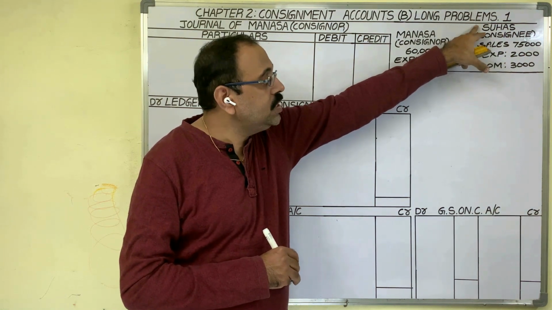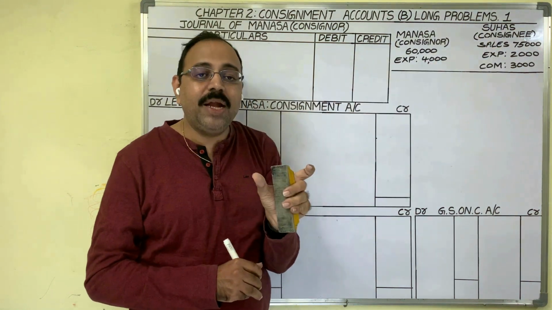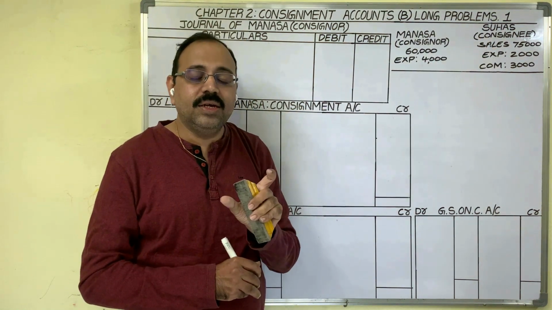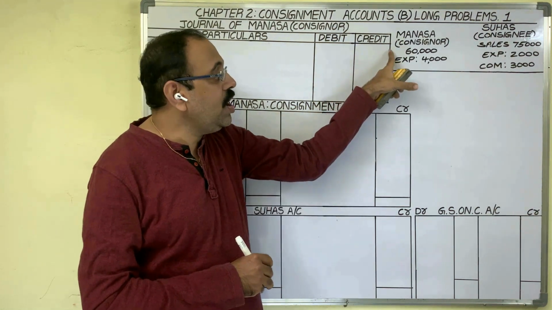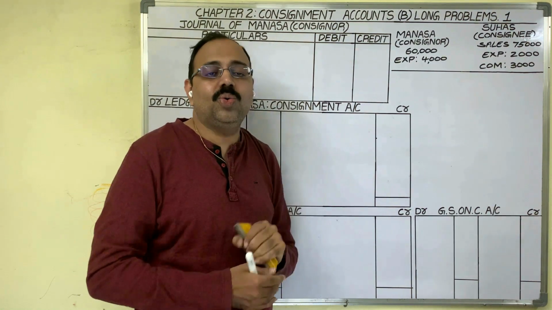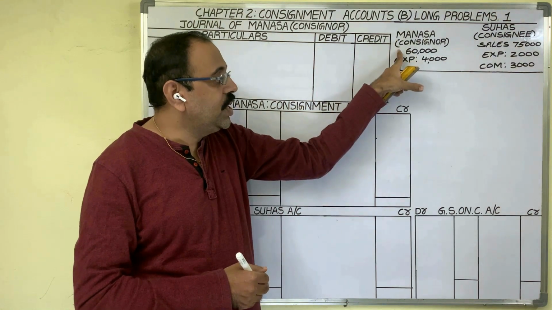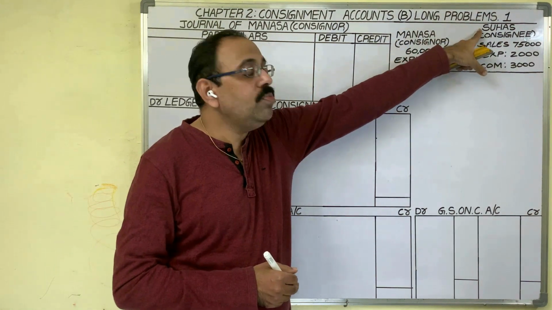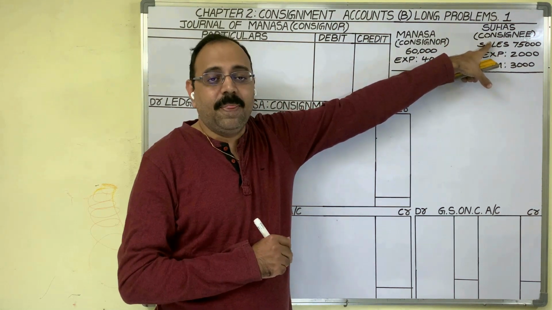Suhas is known as the consignee. So consignment is a contract, an agreement between two parties, a consignor and a consignee. The person who sends the goods on consignment basis is known as the consignor. The person to whom the goods are sent is known as the consignee.